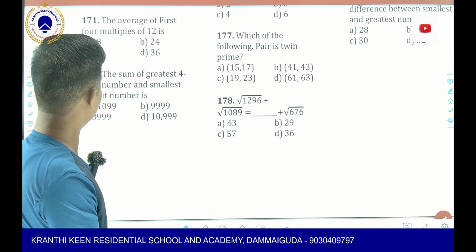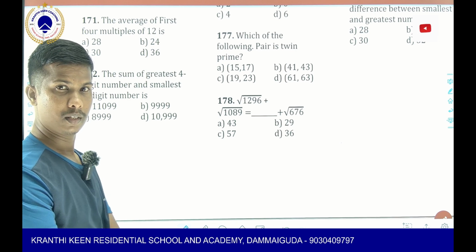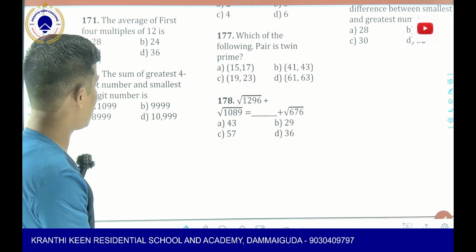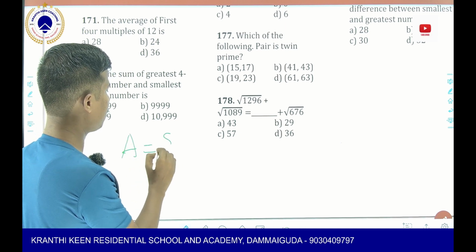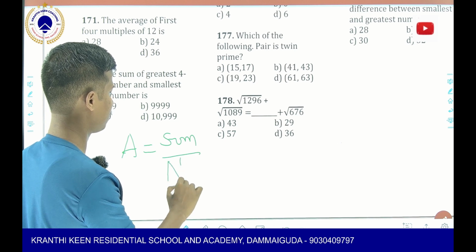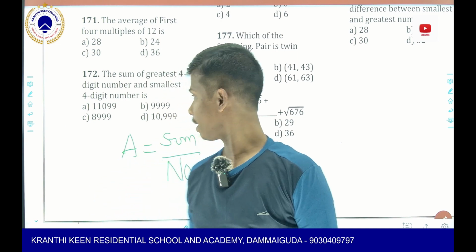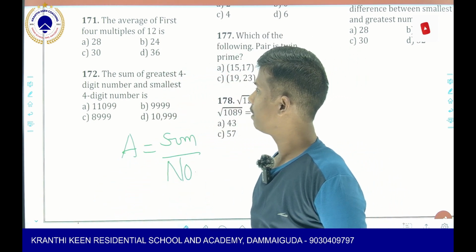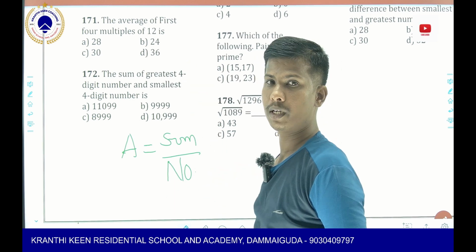See, what is being asked? The average of the first 4 multiples. Okay? Average of the first 4 multiples. What's the average formula? Average is equal to the sum of numbers divided by the number of numbers. And what you have to do is first find the sum of the first multiples of 12.